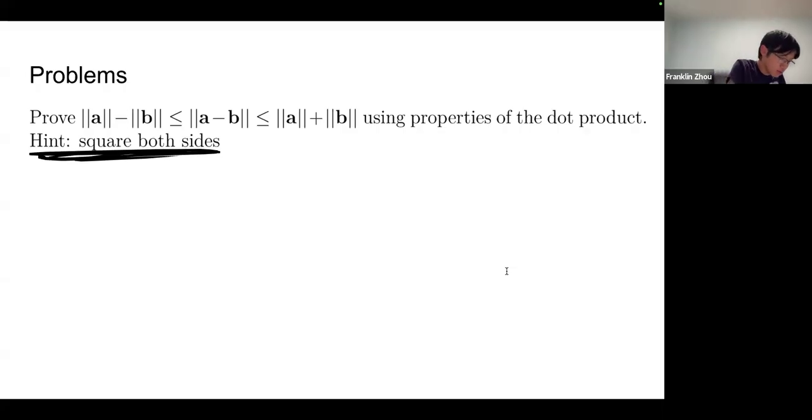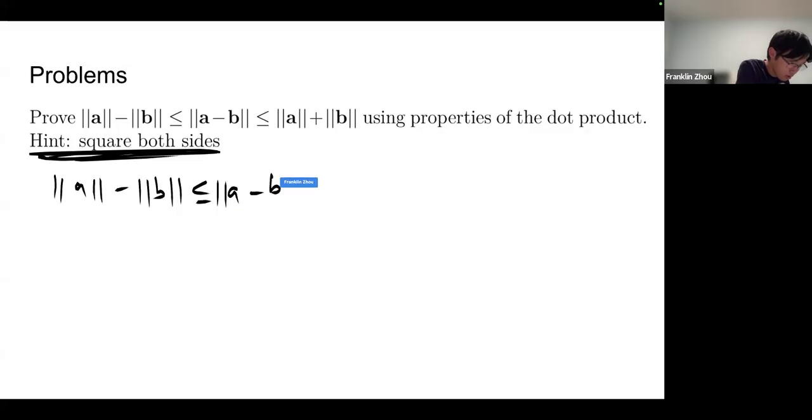All right, I'm going to first do one of the inequalities. We're going to first show that this thing is true. First, we're going to square both sides of the equation since we know a lot about these things when they're squared.